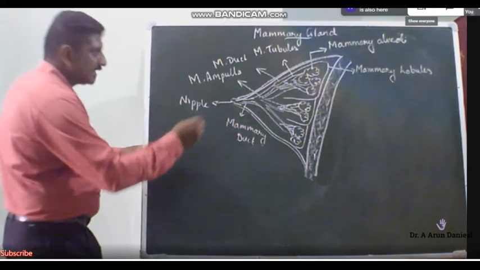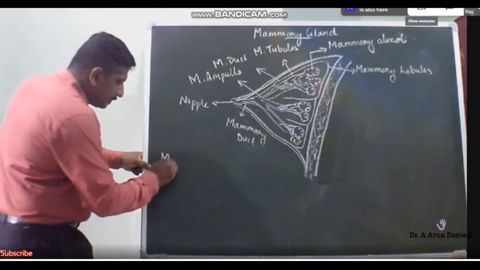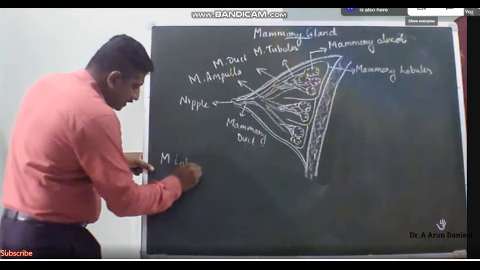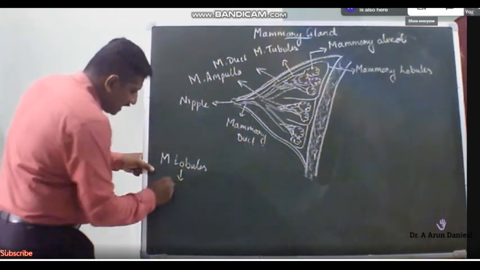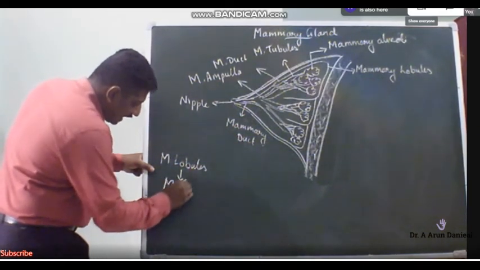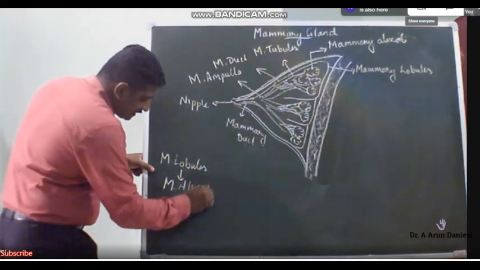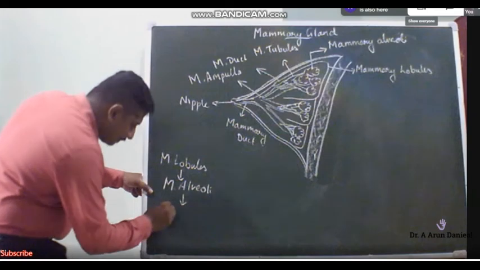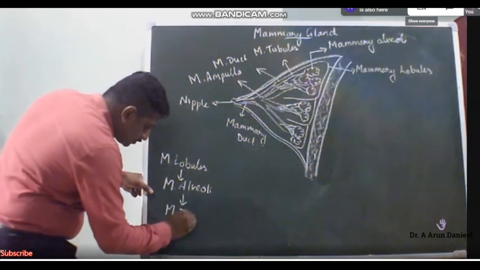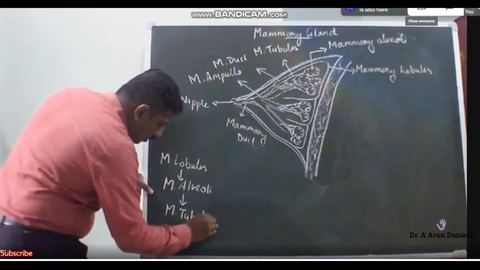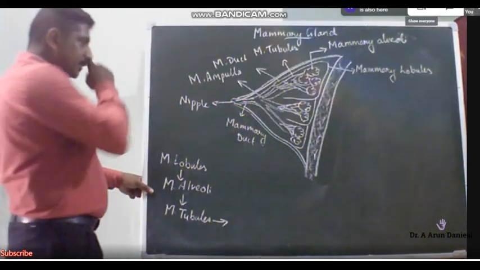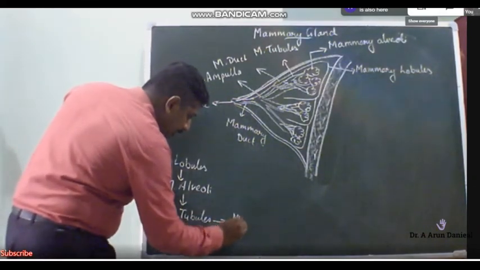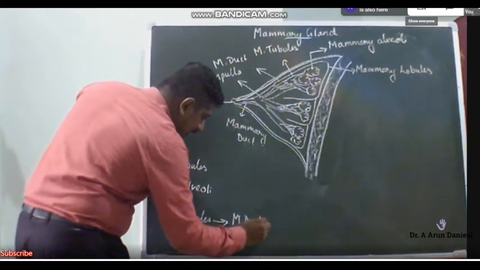Therefore the pathway is like this. We have the mammary lobules. Inside the mammary lobules, we have mammary alveoli, which are milk secreting cells. The mammary alveoli lead to the mammary tubules. The mammary tubules lead to the mammary duct.